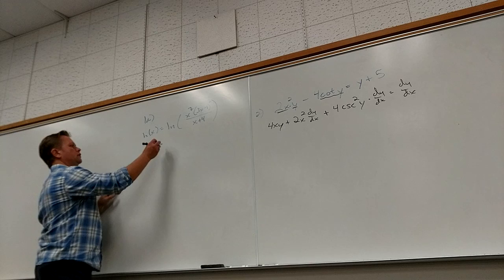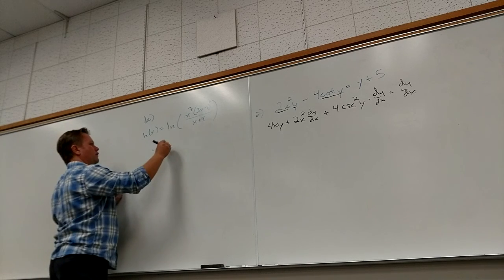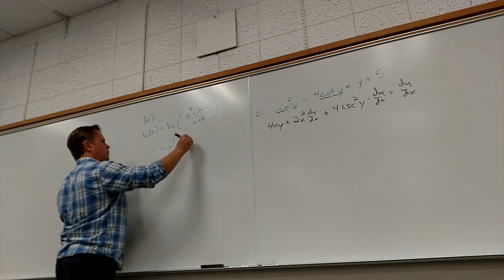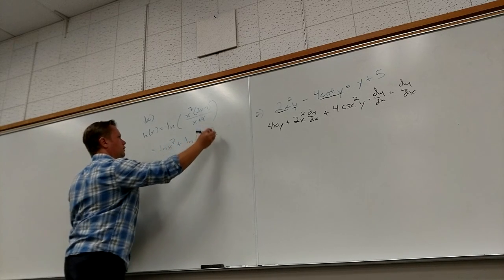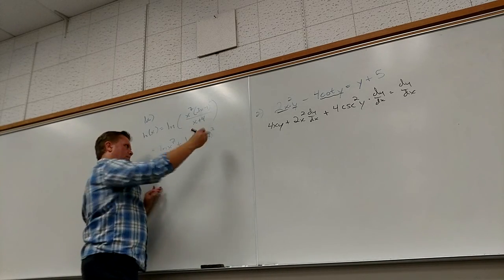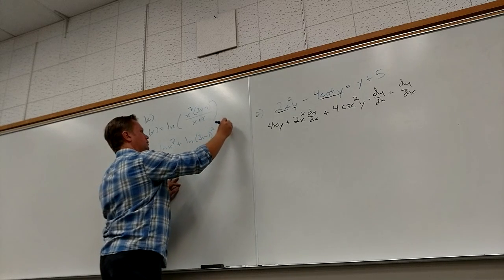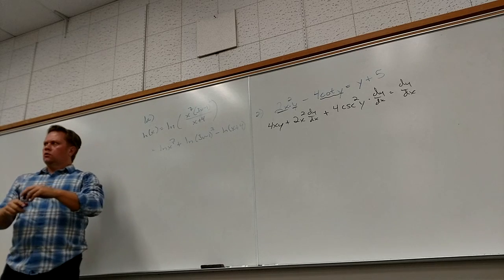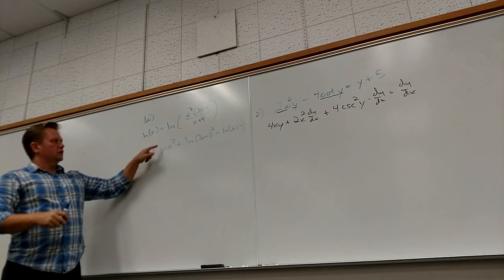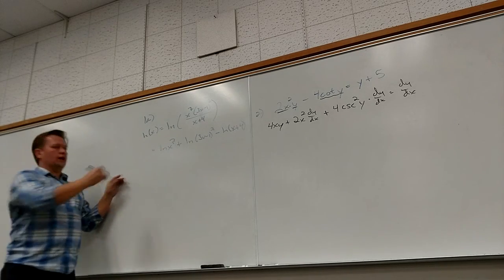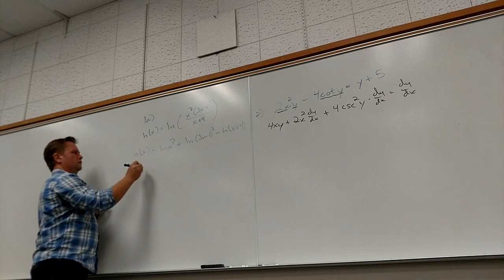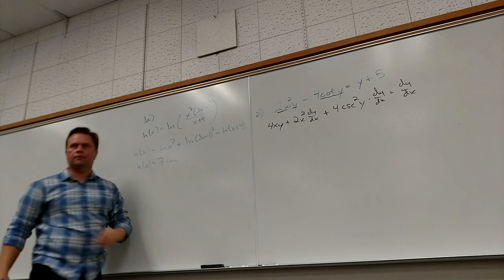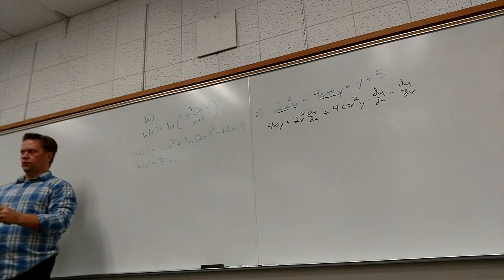So I get natural log of x to the 7th plus natural log of 3x minus 1 squared minus natural log of x plus 4. Then the powers can come down, and then I do a derivative. So I haven't done a derivative yet. I can bring the powers down, and then it becomes really easy.